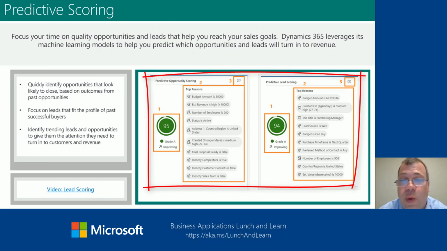The reasons why vary from organization to organization, but that's the wonderful thing about our machine learning, it picks up on those reasons why and gives you the top reasons that you might need to focus on this opportunity or might not need to focus on this opportunity. A huge time saver. It allows your sales team to really prioritize what they need to do, and really helps your sellers focus to meet their sales goals within your organization.